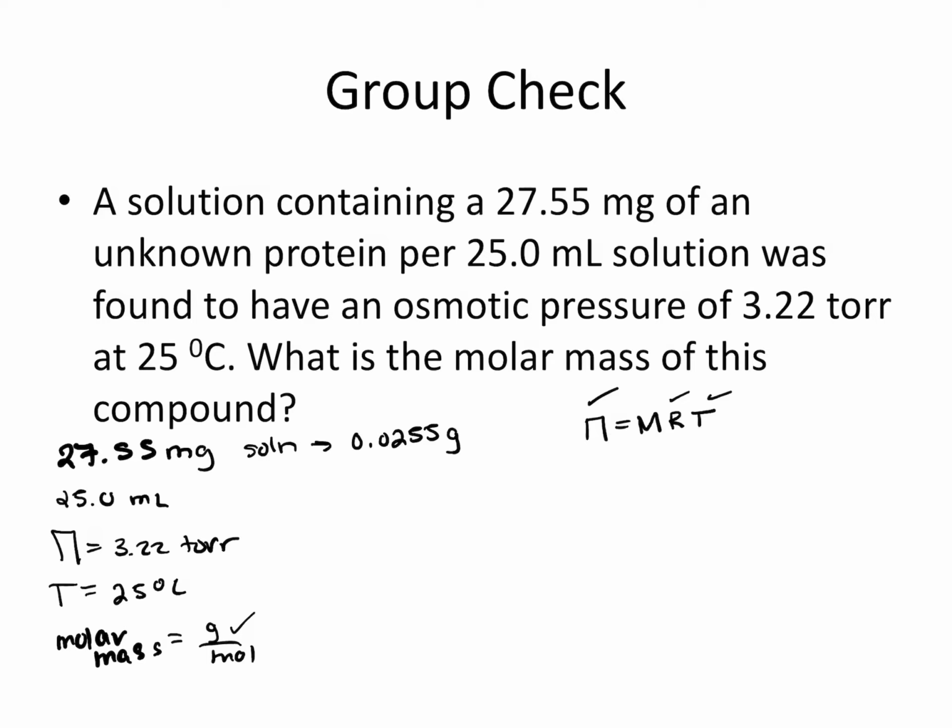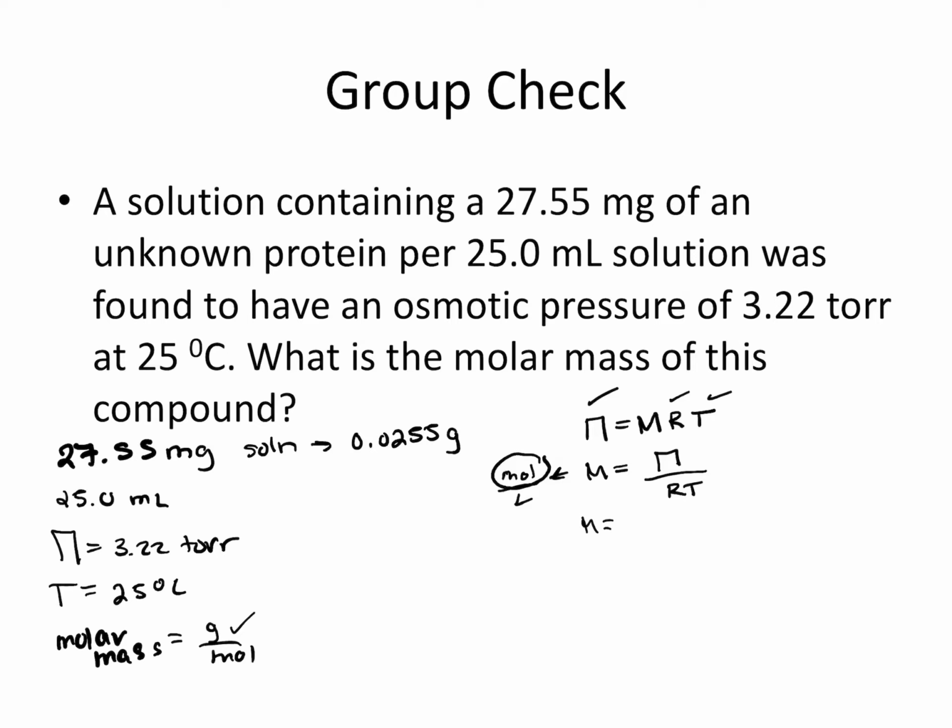It is equal to the molarity times R times T. I'm given my temperature, I always know R, and I know my osmotic pressure. Okay, well, that means if I isolate molarity, I get osmotic pressure over RT. I know molarity is equal to what units? Moles over liter. There's those moles I'm looking for.